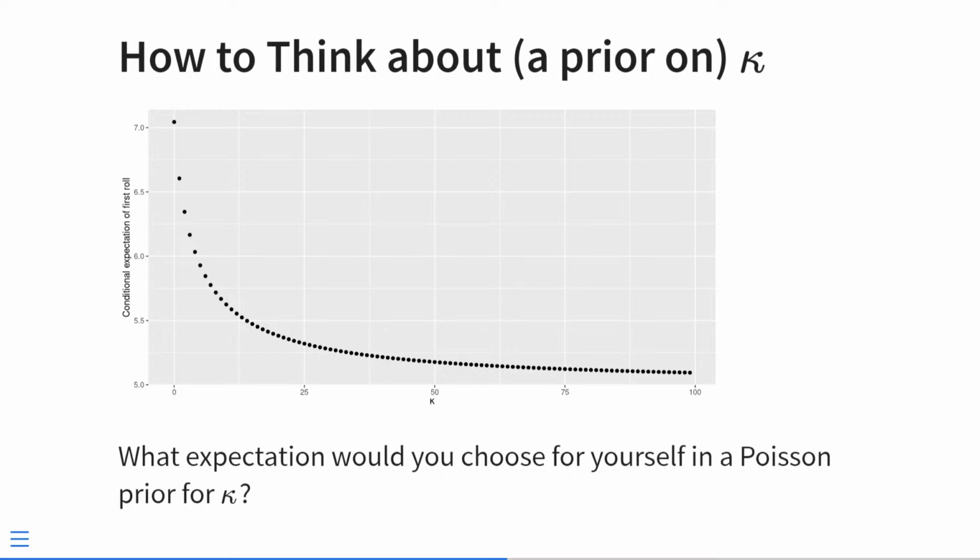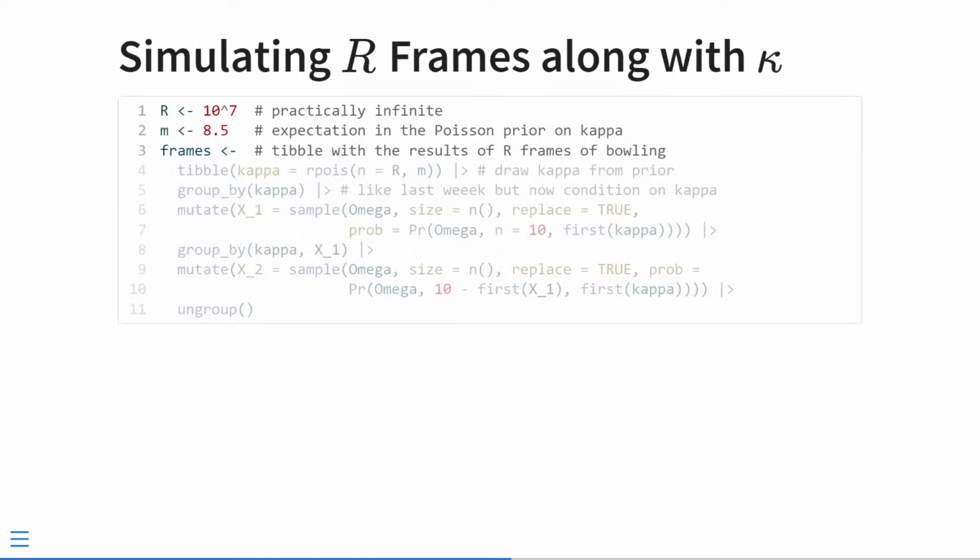All right. So let's say expected value of kappa for some bowler, let's call it 8.5. And so they're going to average 5 2/3, something like that, first roll. Okay, so now how would we simulate our frames of bowling along with kappa?